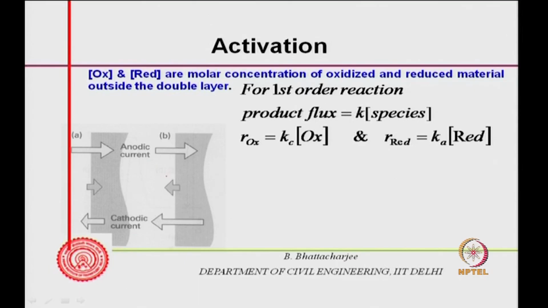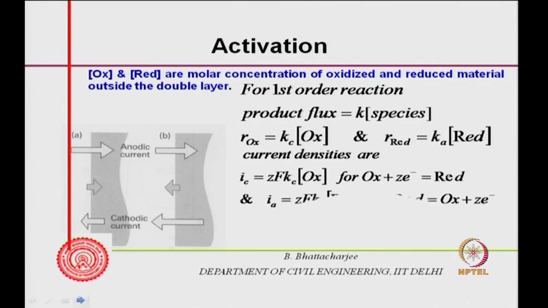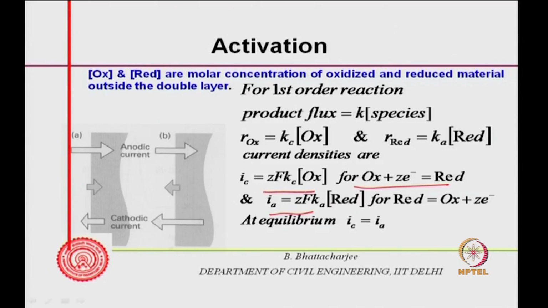At any metal place, both anodic and cathodic currents work simultaneously, and the net current will be the difference between these two. For this reaction, the anodic current will be like this and the cathodic current like this, and at equilibrium these two currents are the same, therefore no net current is passing.